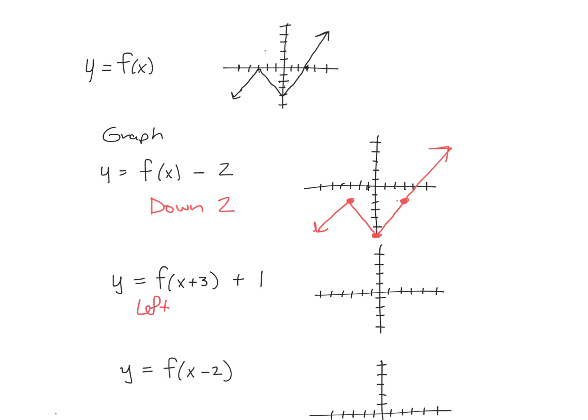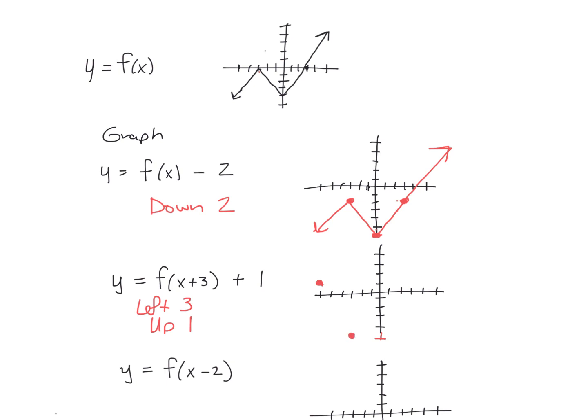This particular function, this is going to move it left 3 and up 1. So I'm going to do the same thing, take those important points. That negative 3, 0 would move left 3 and up 1. It's over here at negative 6, 1 then. The point 0, negative 4 would become, left 3, and then down 1 would be negative 3, negative 5.